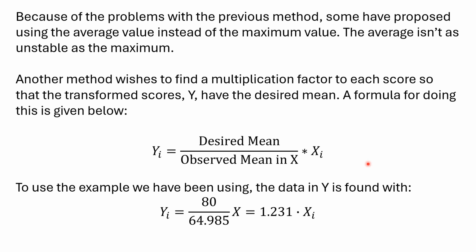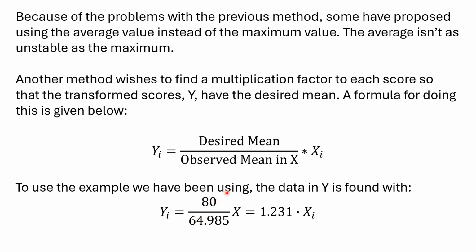To see an example of that using the previous examples from the last slides, we would use the desired mean of 80, and here I'm getting a little detailed in the distribution. It's not exactly 65, it's 64.985. But if you put in 65, you'll get roughly the same results here.